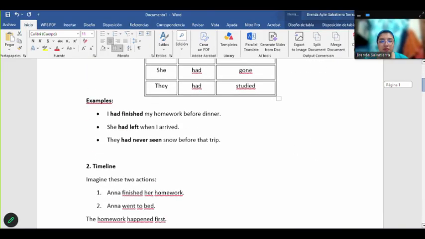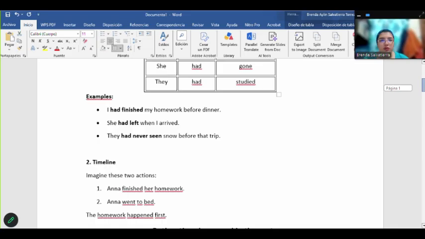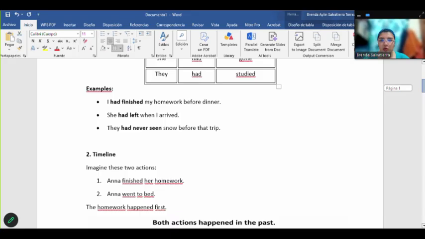Okay, for this it is very important to know the verbs in the past participle, both regular and irregular. Especially the irregular, because they don't have an established rule, so you really have to memorize them.